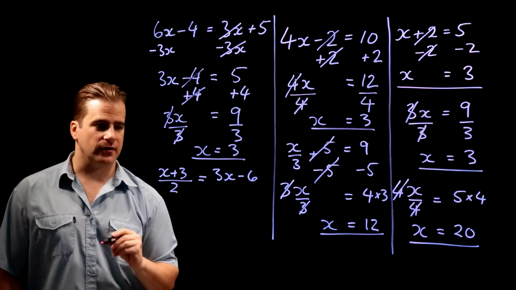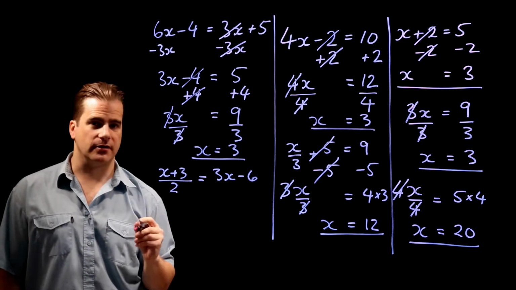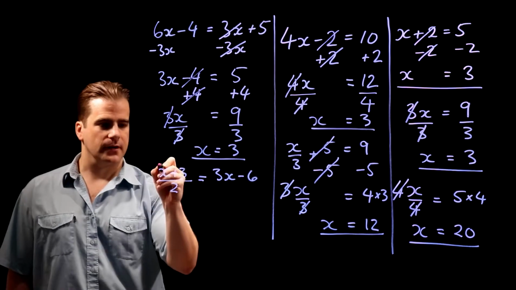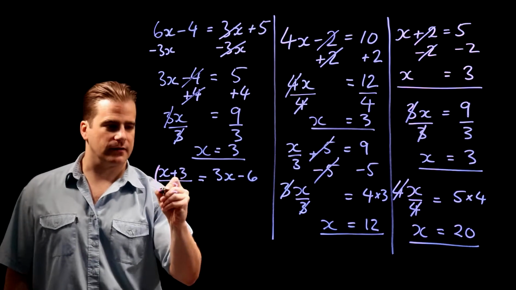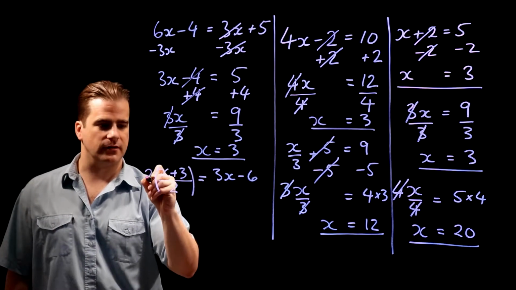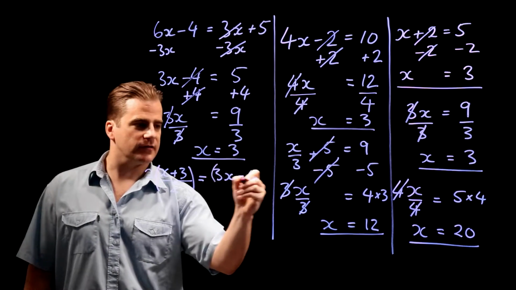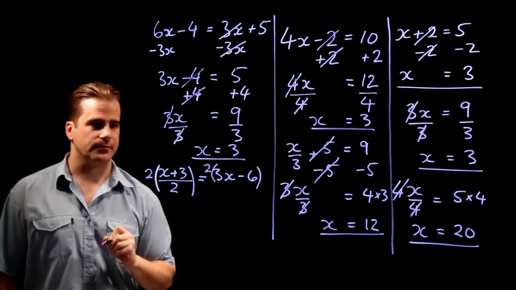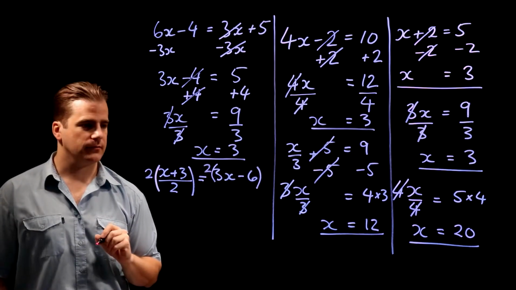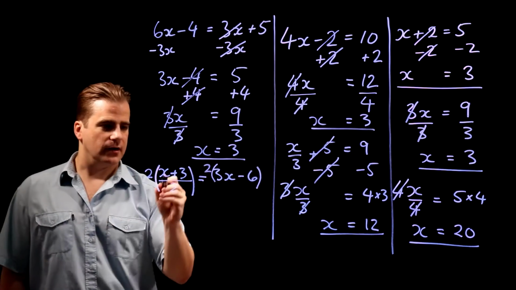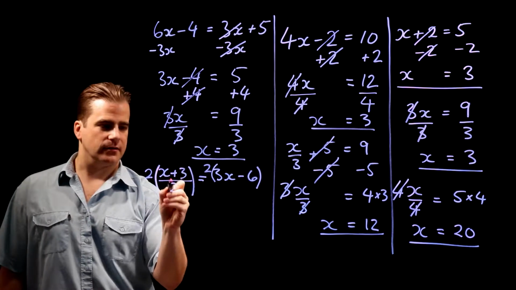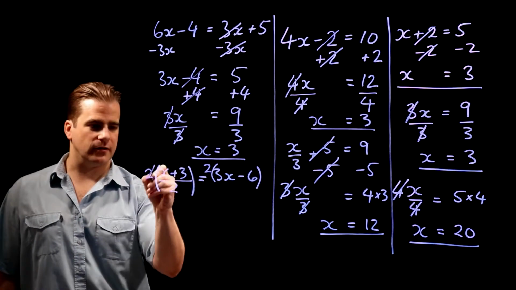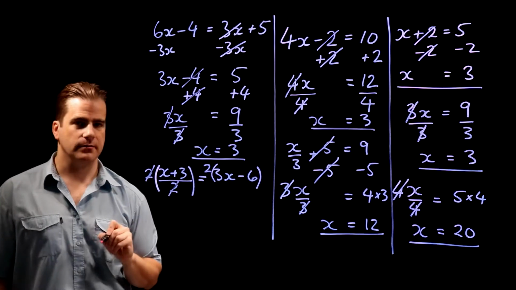That's dividing by 2, so let's multiply both sides by 2. So we're going to multiply that whole thing by 2, and we're going to multiply this whole thing by 2. Okay? So, x plus 3 divided by 2 multiplied by 2, they cancel.